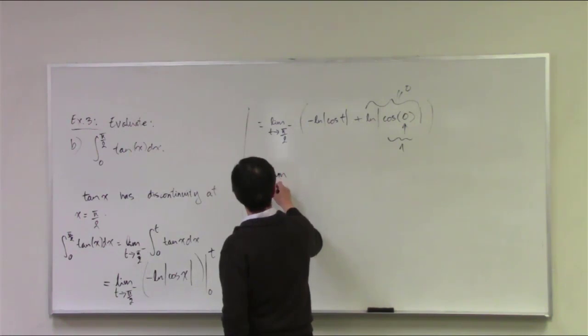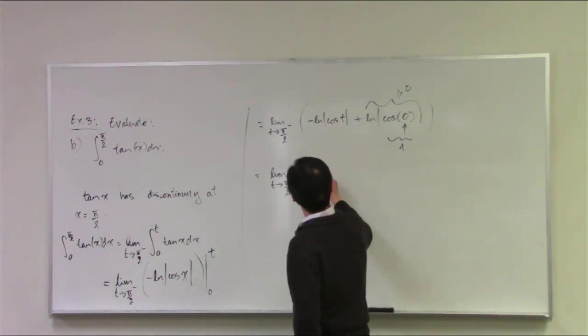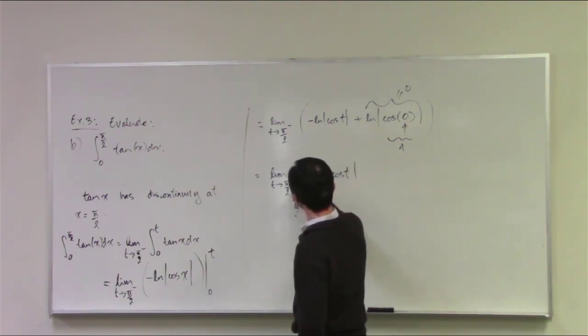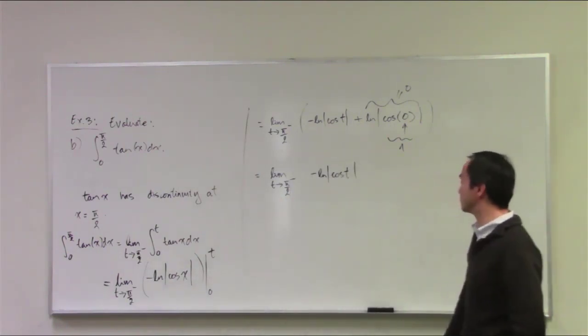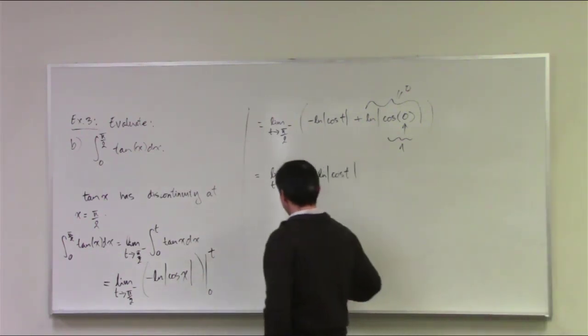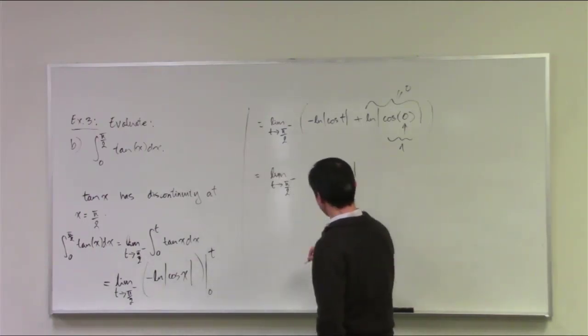So we have just simply a problem saying as follows: the limit as t goes to pi over 2 from the left-hand side of minus natural log of cosine of t. Good. Okay, and then think about the logarithm function now.